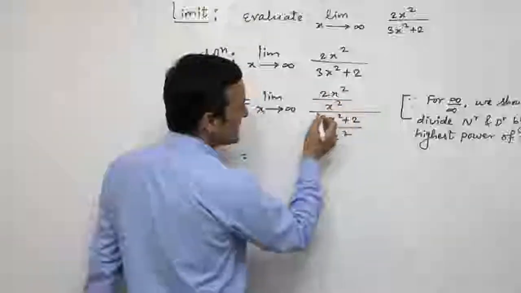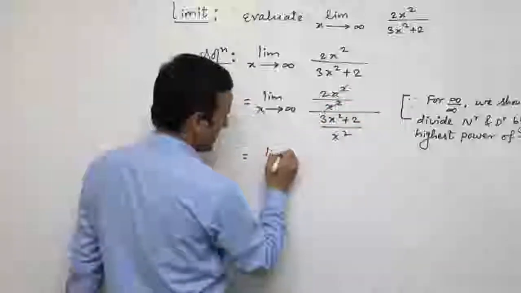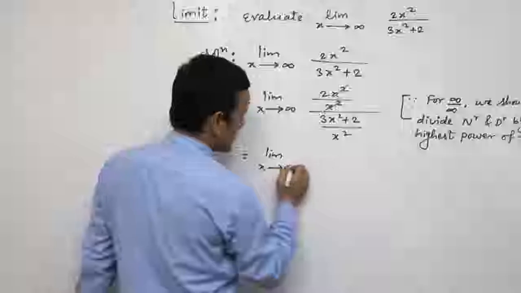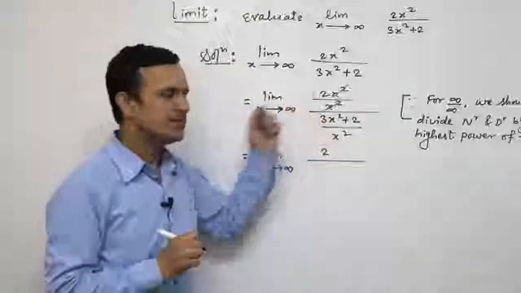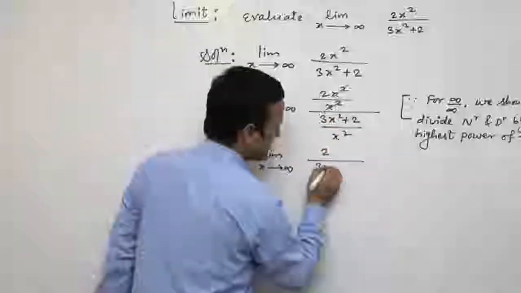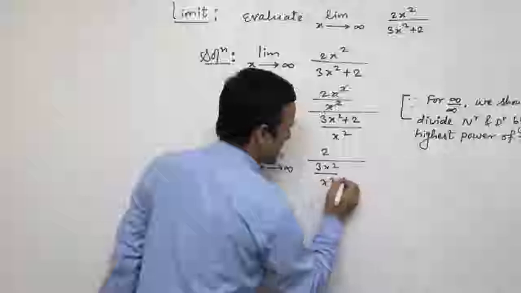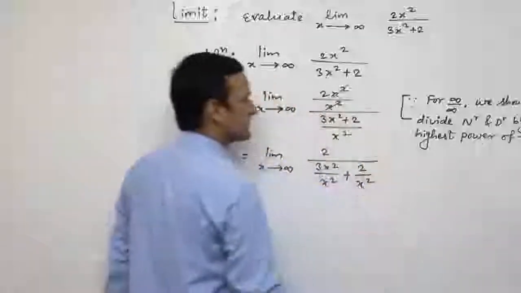Now we can cancel this term and this term. Limit x tends to infinity. So we have 2 in the numerator, and if you separate the denominator, we get 3x square divided by x square plus 2 by x square.